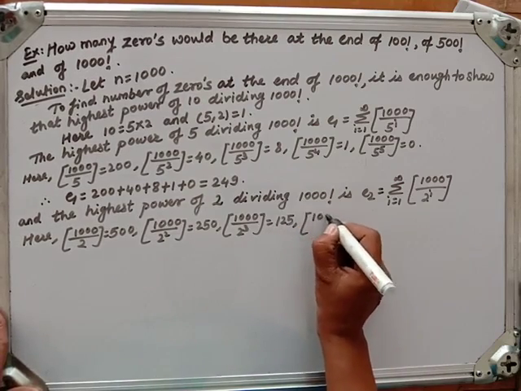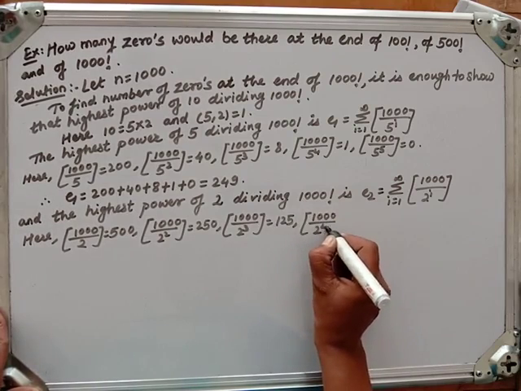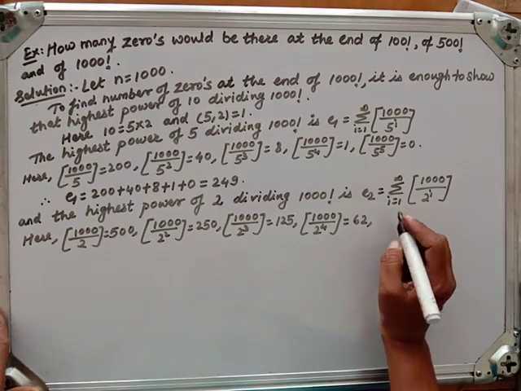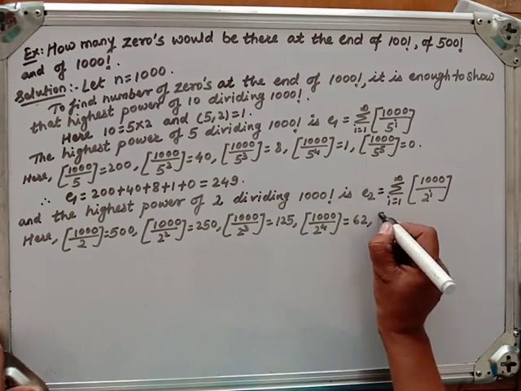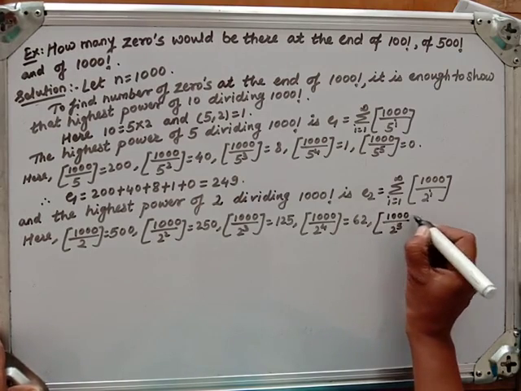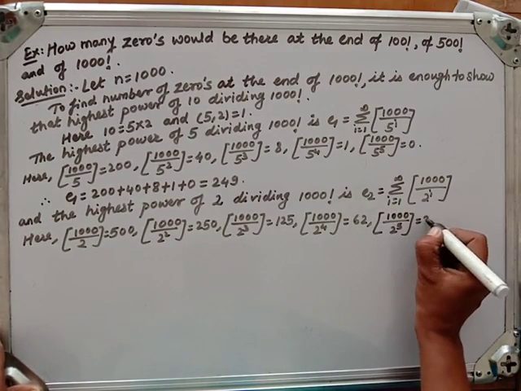Next 1000 upon 2 raised to 4, so it is 62. Next 1000 upon 2 raised to 5, so it is 31.